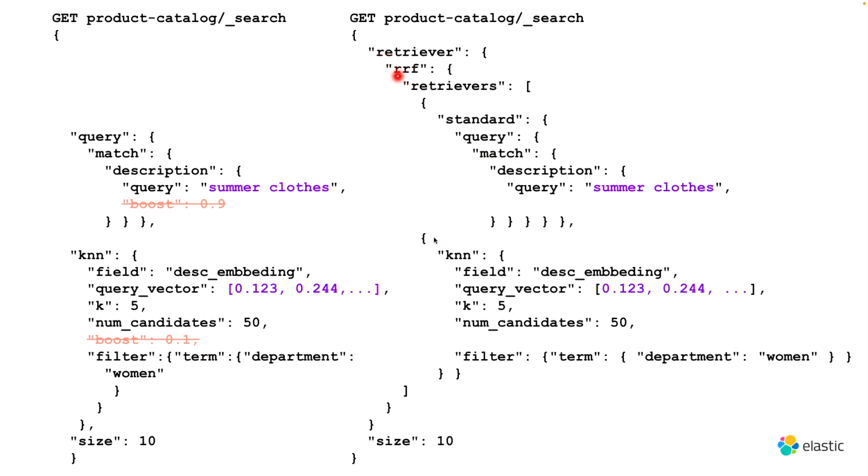That stands for reciprocal rank fusion, and trust me, this is the most difficult part about this algorithm because it's relatively simple, just 2 pages to implement this. What it basically does is, like I told you, it has a few magic numbers which you can tune, but we forget about these boosts, right? We don't have these handcrafted boosts, and instead of this, we just wrap them in retriever, RRF, we list the retrievers, and this is one race in Monaco, this is another race in the US, it gets properly normalized.